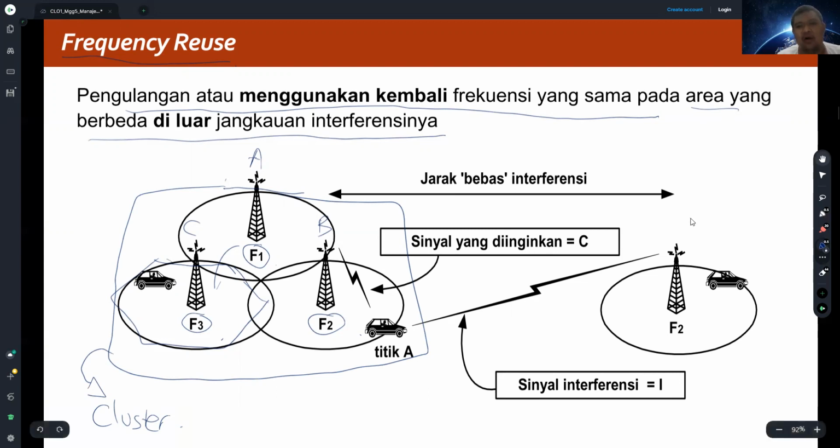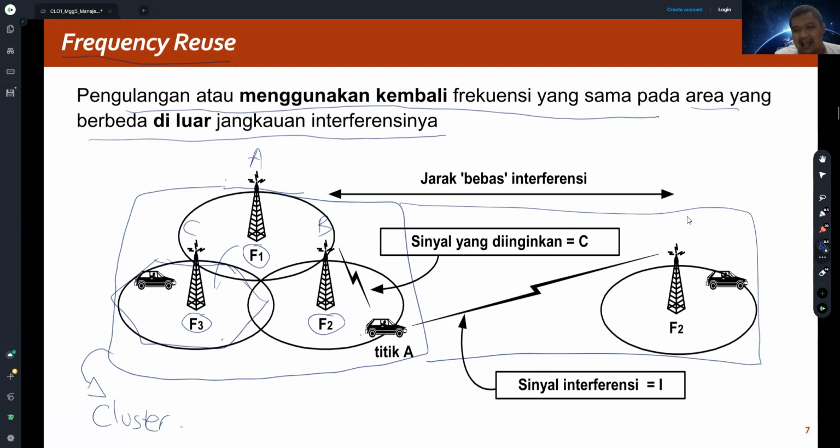Which means that in order to use this frequency reuse method, we are going to use multiple clusters. If we group one cluster over here consisting of 3 cells, then there is also another group over here consisting of another 3 cells, and this 3-cell configuration will also have the same frequencies.